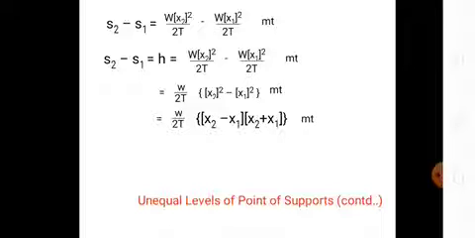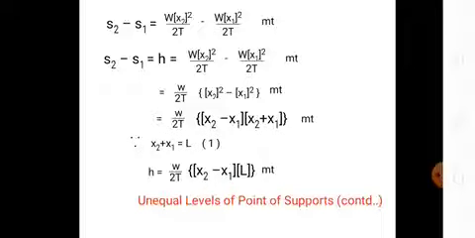W by 2T is common, so x2 square minus x1 square, which is a square minus b square, that is a plus b into a minus b. So x2 minus x1 into x2 plus x1. We already know x2 plus x1 is equal to the total length L. So h is equal to W by 2T into x2 minus x1 into L.